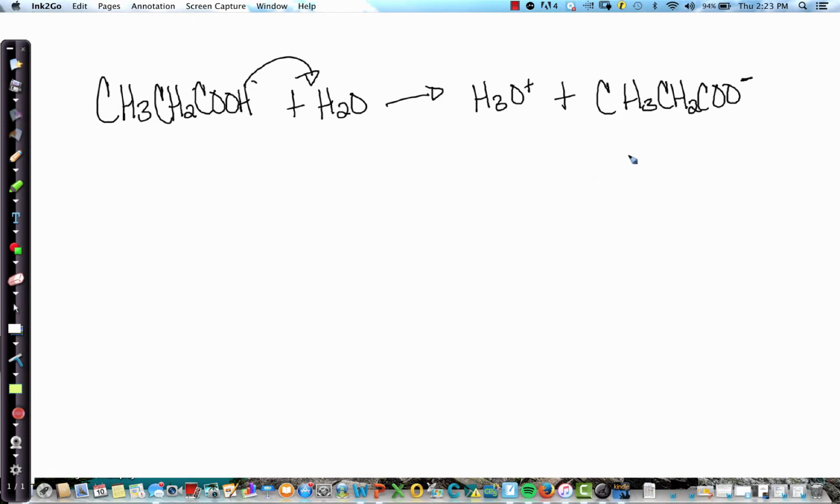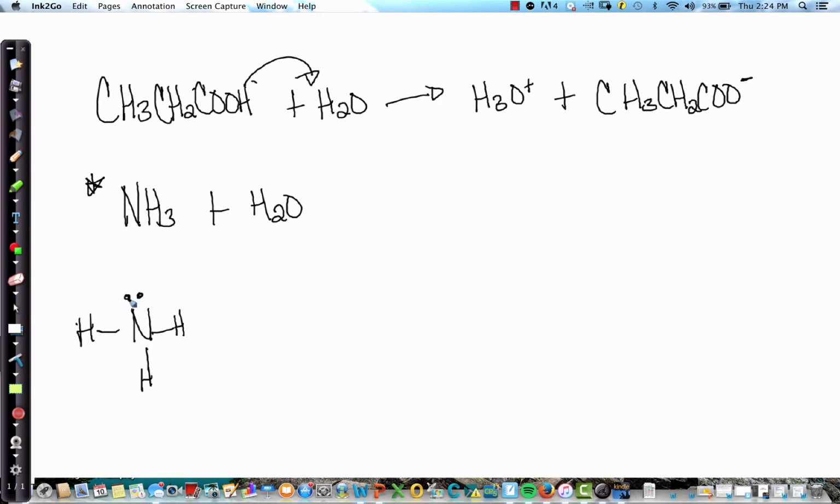Alright, so now let's look at a base. Let's look at ammonia. Ammonia is NH3. This is another thing that you need to know. And you're going to add it to water. Okay, so typically when you have nitrogen in a compound, it is going to be basic. Because when I draw out this compound right here, if I draw the Lewis structure, what I end up looking at is I have a lone pair right here.